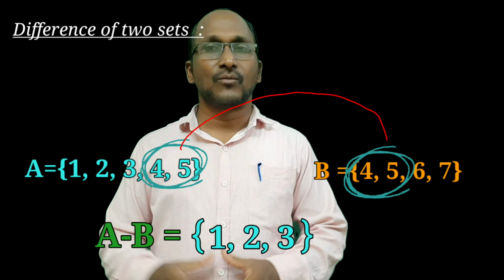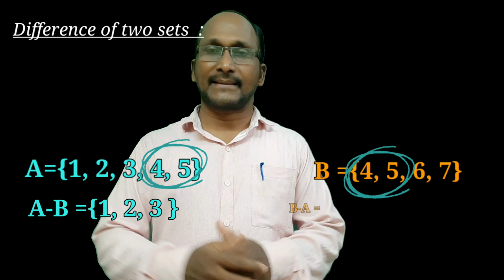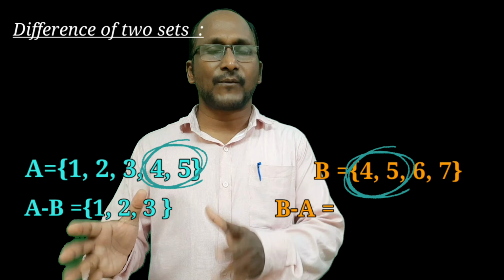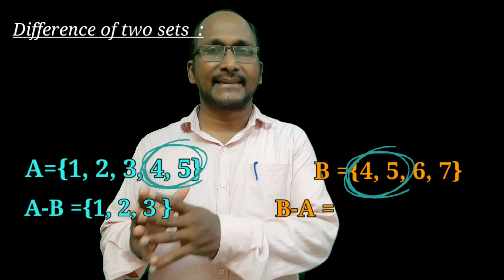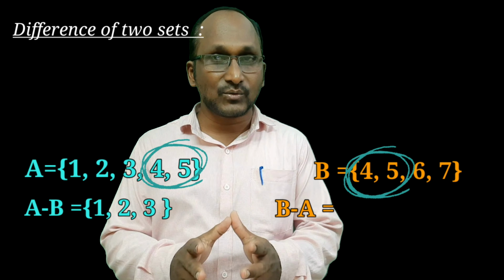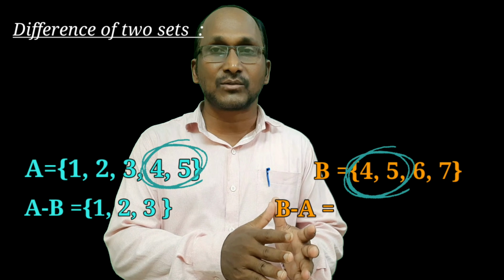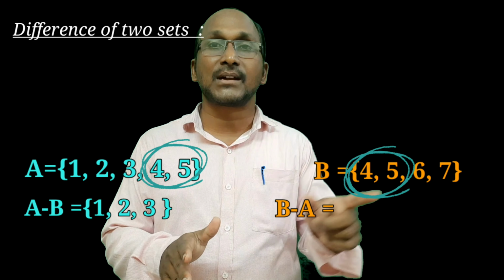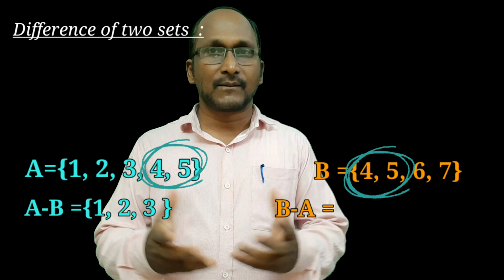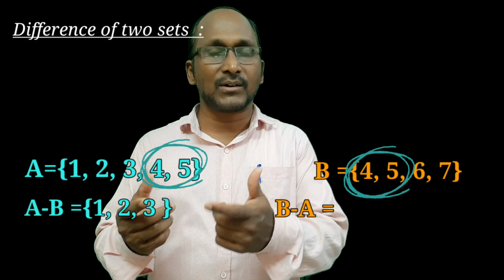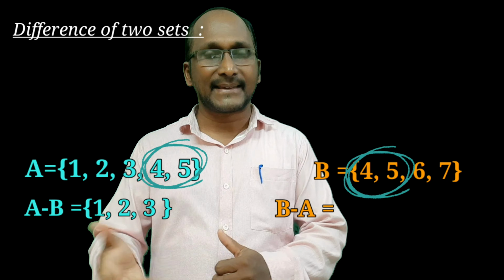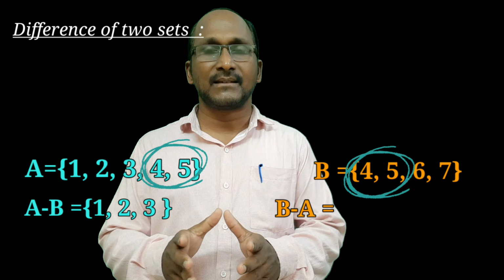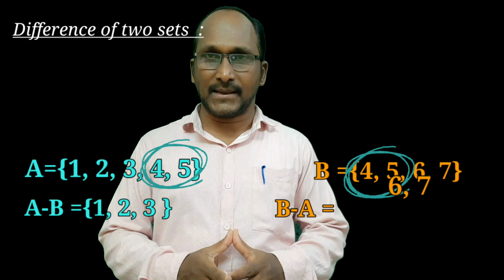In the same way, we can find B minus A also. So, to find the elements in the set B minus A, we have to consider the elements which belong to only the first set B. And those elements should not belong to second set A. So, what are the elements which belong to only first set B in the second case? That is 6 and 7 only.